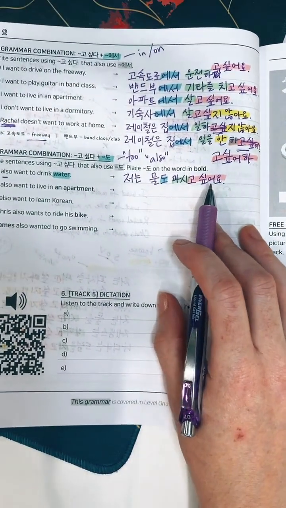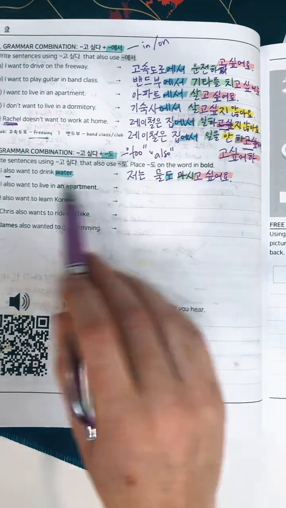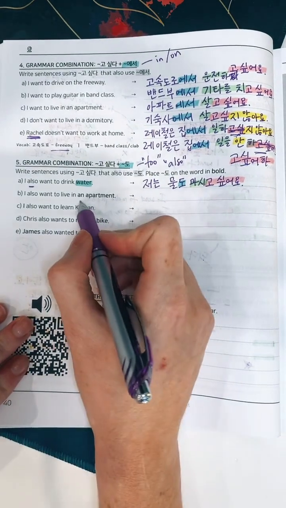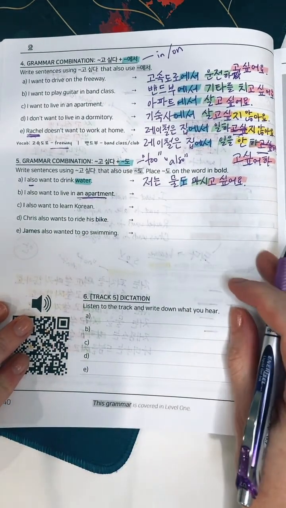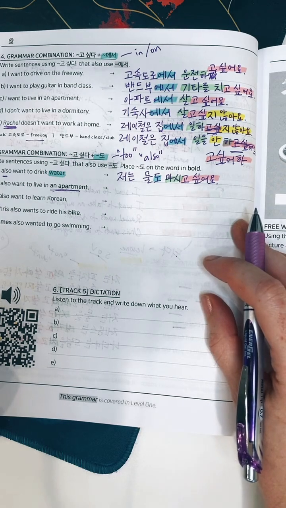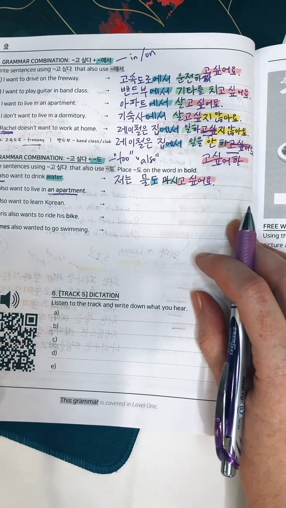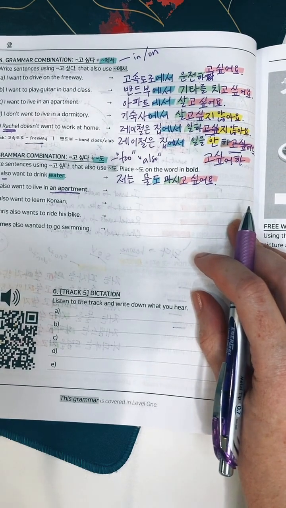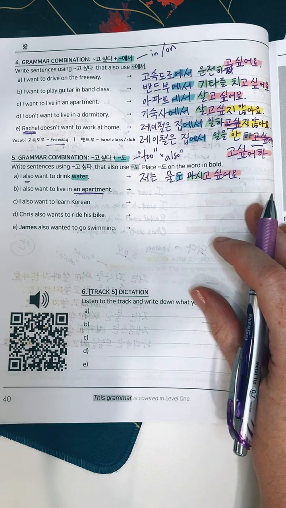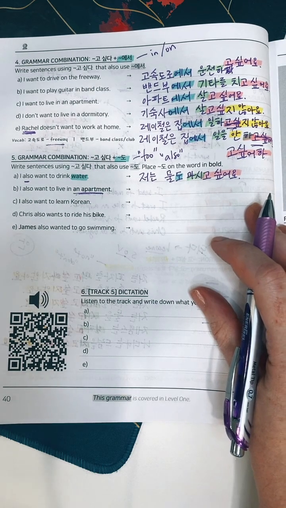All right. B, if we can continue here, I also want to live in an apartment. Oh, no, I mean 보고 싶어요 with 보고 싶어요 has a space between. Oh, so spacing in Korean is a funny thing because native speakers sometimes will take out spaces or add spaces.